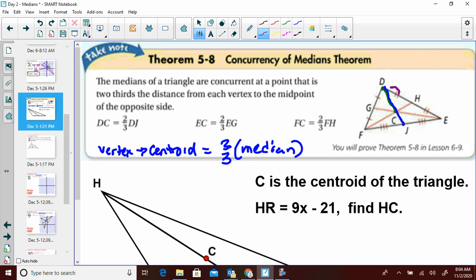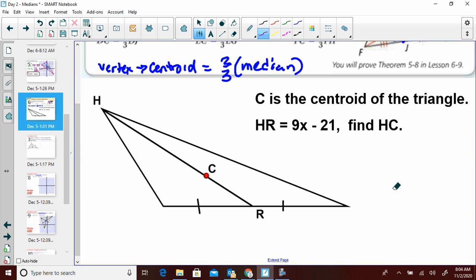So if this whole thing was 12, 2/3 of 12, this would be 8. The length from the centroid to the vertex is 2/3 the whole median. So let's look at this. C is the centroid.